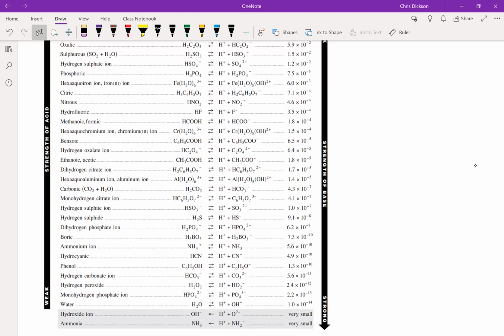But if we look at certain ions on here, like this one, this one and this one, and in the margin here, I'm going to write a compound like iron 3 chloride.